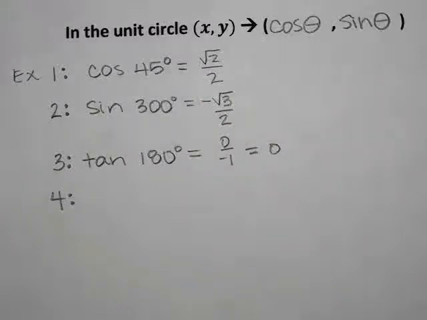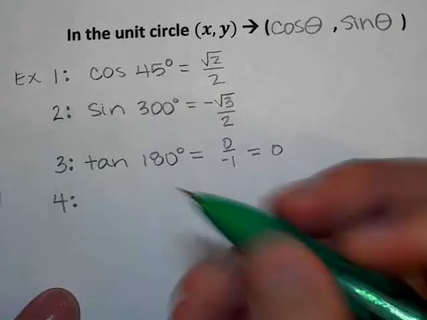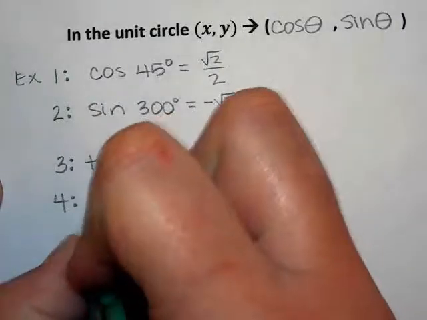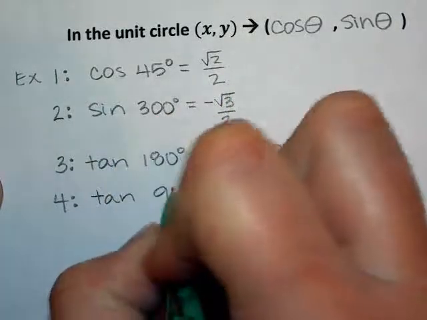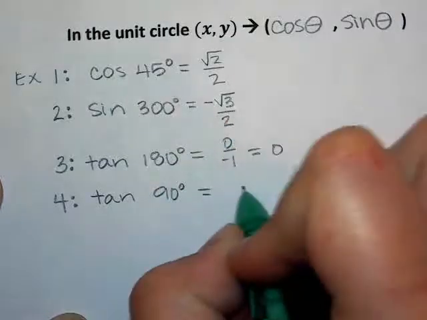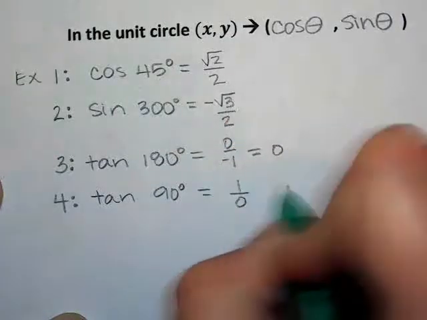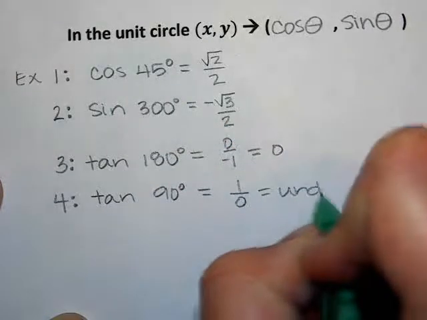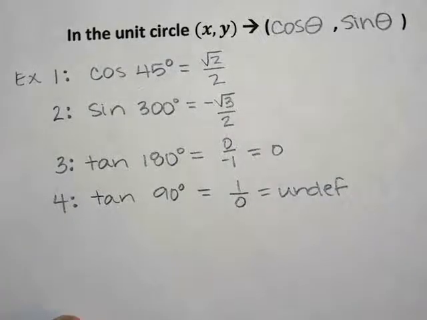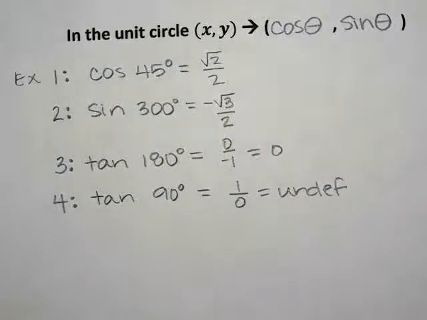So let's go ahead and write those. We'll say tan 90 is y divided by x, which is undefined. Because remember what Siri says when you try to divide by 0? Can't do it.